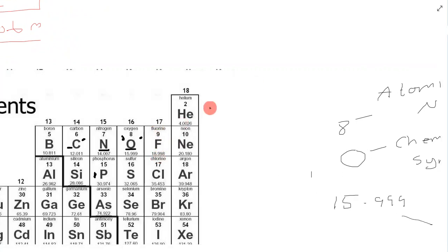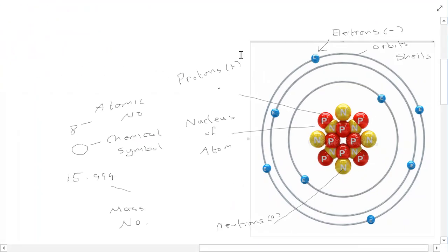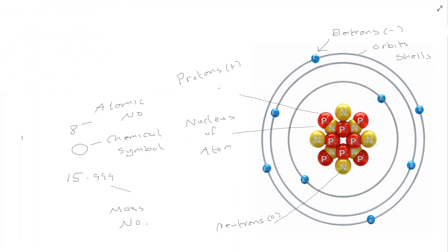So it's a completely different atom. The number of protons present within the nucleus of an atom is very specific, and it's what distinguishes one atom from another. That's represented by the smaller number on the periodic table, which is known as the atomic number.